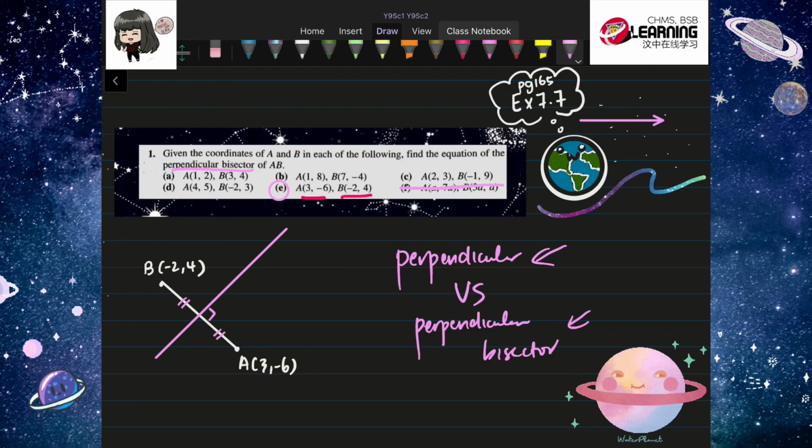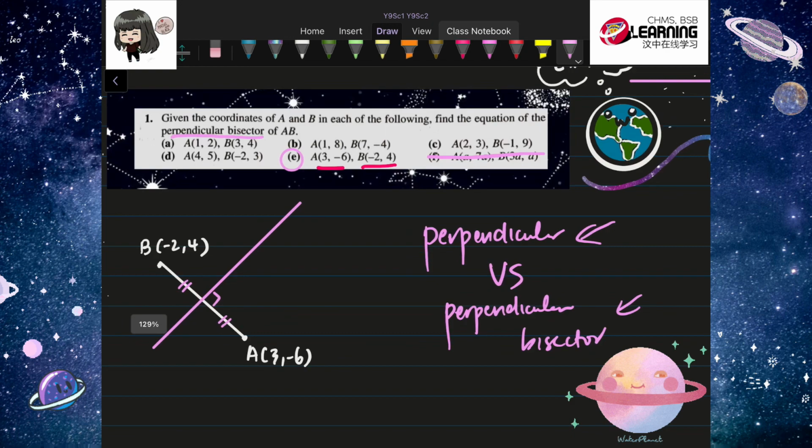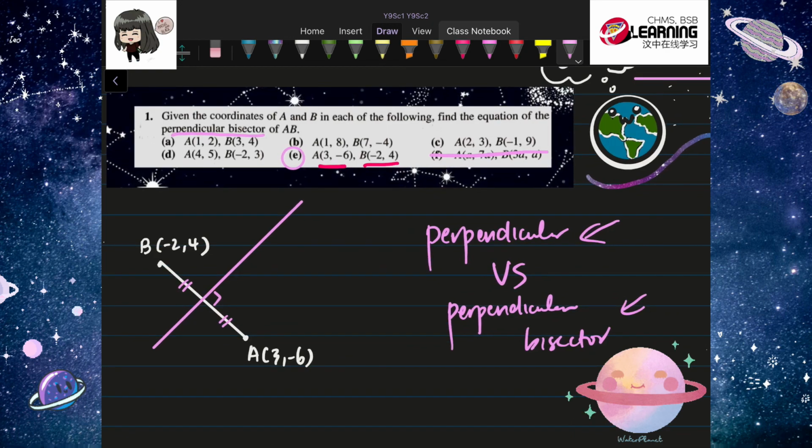You see this sign? This sign means it's equidistant, equal distance. It's equal distance from A to the midpoint and B to the midpoint.